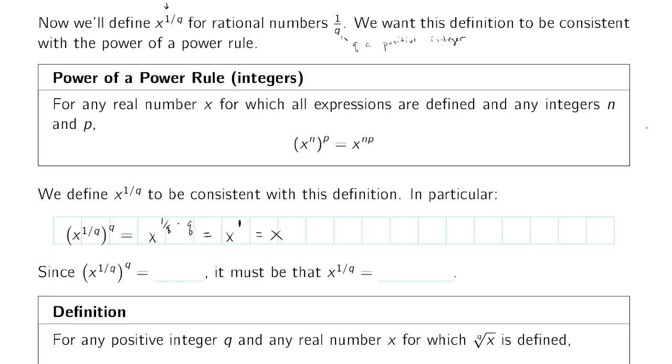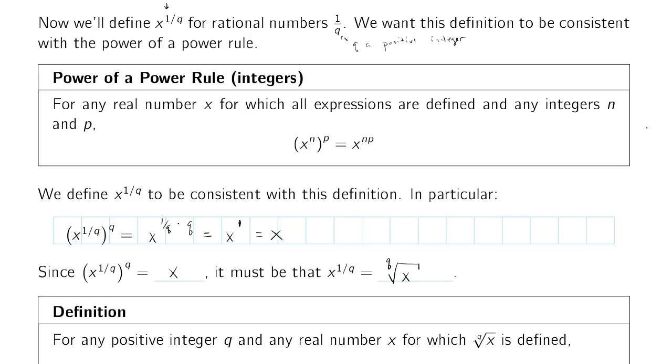We need x to the power 1 over q raised to the q power to give us x back. So x to the 1 over q is the number that, when I raise it to the q power, gives me x. But that was just how we defined the qth root of x.